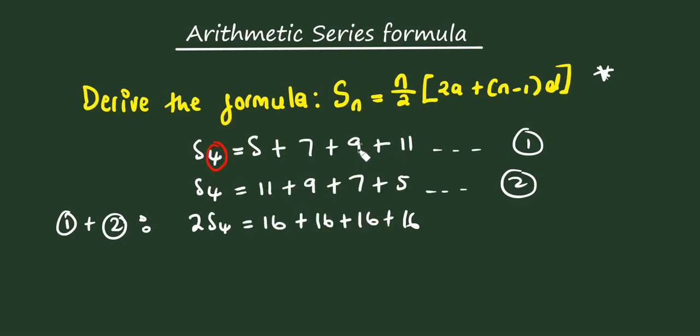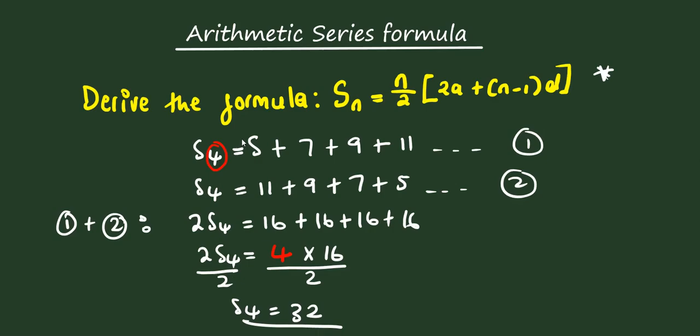So I got 4 times 16, because the terms are 4 that I'm dealing with, and then now I'm going to divide by 2 both sides. Therefore the sum of 4 terms would be 32.